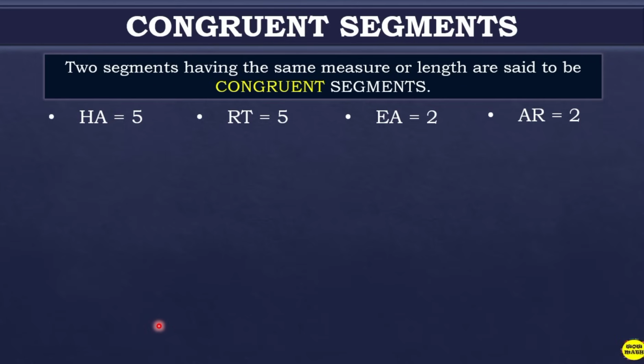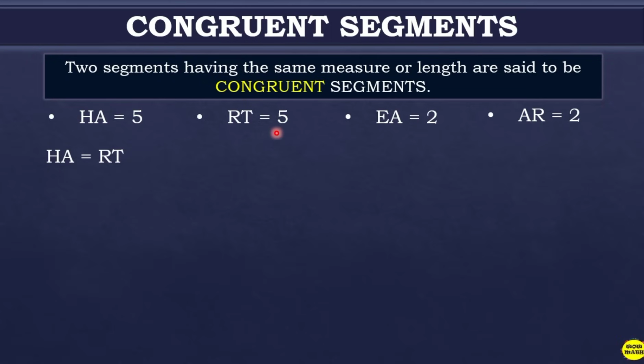Okay? So, kung mapapansin ninyo dito sa ating sinolve kanina ng mga coordinates, di ba? Kinuha natin yung coordinates and then we try to solve for its measure, yung kanyang sukat. Okay? So, ito po yung nakuha natin. Now, HA, so as you can see, HA is equal to RT. Why?